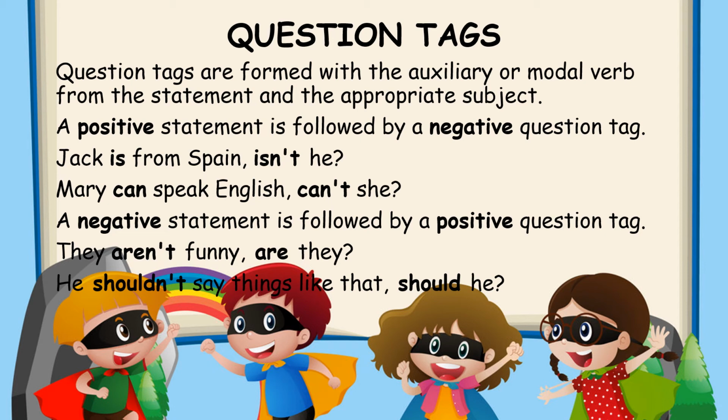Example, they aren't funny. Aren't, that is negative. So that will become positive, are. And you will write the subject, they. He shouldn't say things like that. Shouldn't will become should. And you will write the subject, he. So they aren't funny, are they? He shouldn't say things like that, should he?